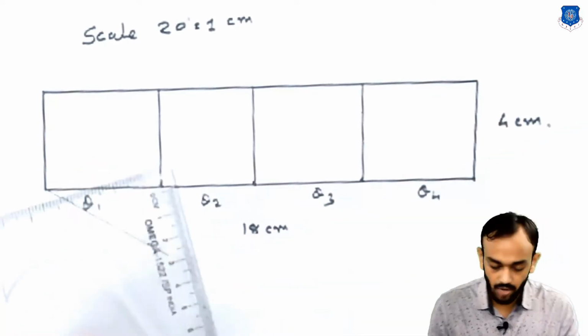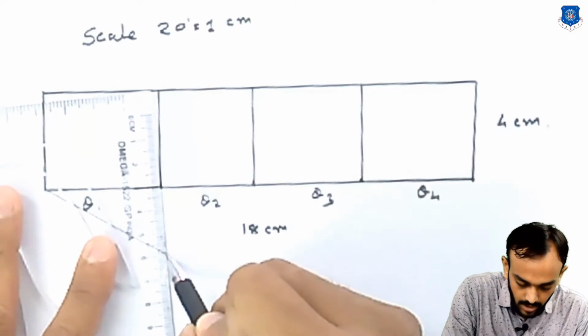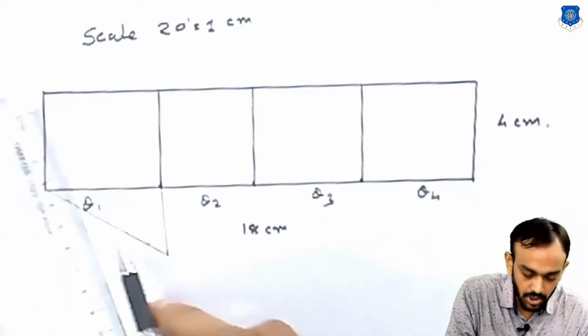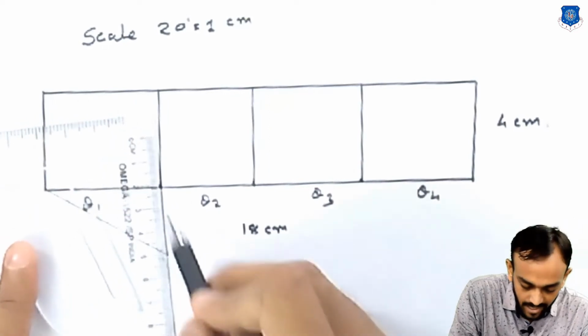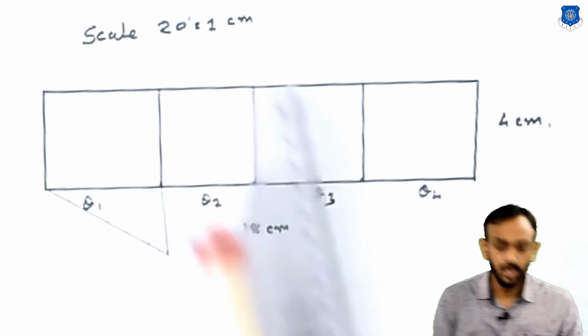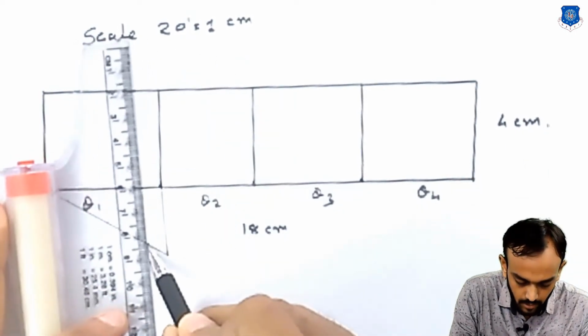Now you just have to connect these points here. First point here, and for all the other partitions, you draw the line parallel to this line. You can use a roller scale here to draw parallel to this line.